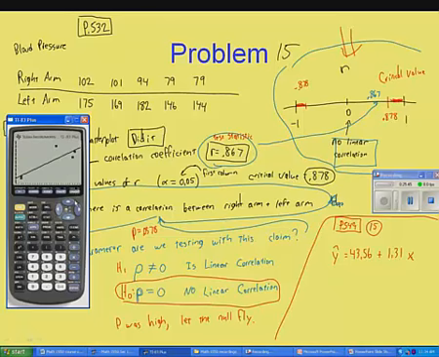If I hit graph, it shows me the data and the line going through the data. This is the line that gives me the least amount of error, or residual. This data point missed by quite a bit, but the other ones are all pretty close. This is the best you could possibly do to minimize the error with this data.